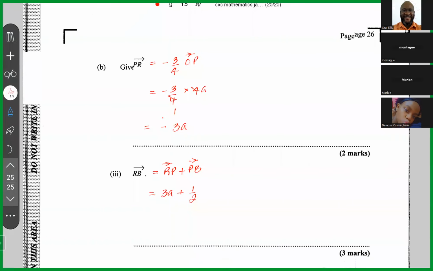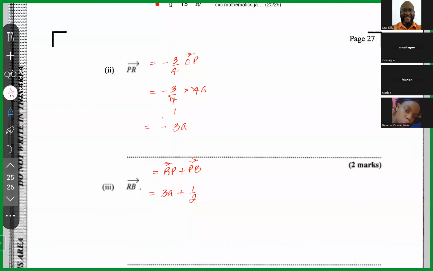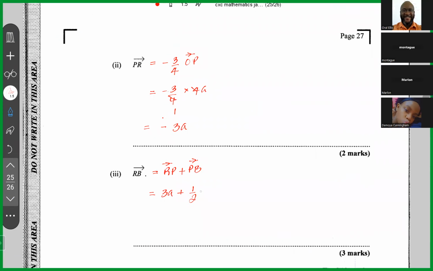So it is 3A plus a half of 4 into 2B minus A. 2 into this is 2. So this is 3A plus 2 into 2B minus A.